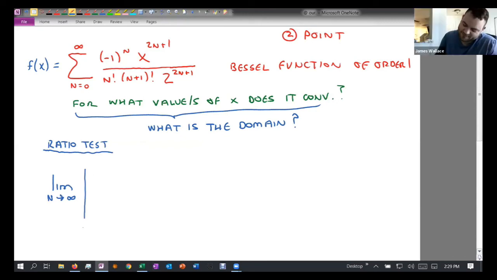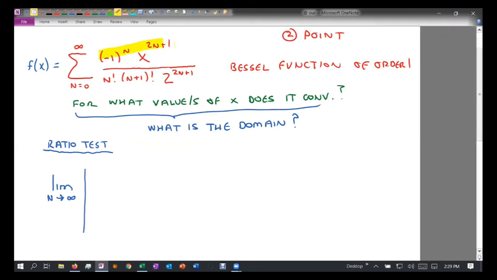I need to basically take this big ugly thing and replace all the n's with n+1s.